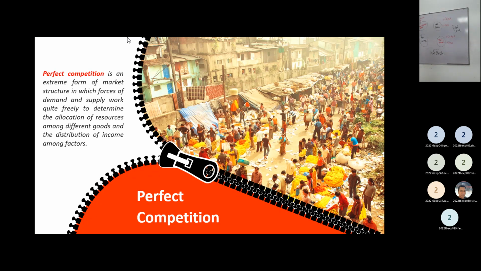So simply you have many buyers, many sellers, and the product is almost the same, identical. Clear? So we call this type of market perfect competition in a very simple way. You have many buyers, many sellers, and the product is homogeneous.